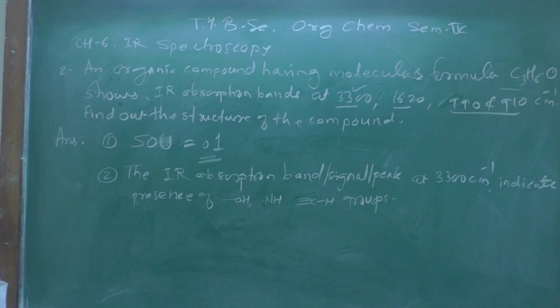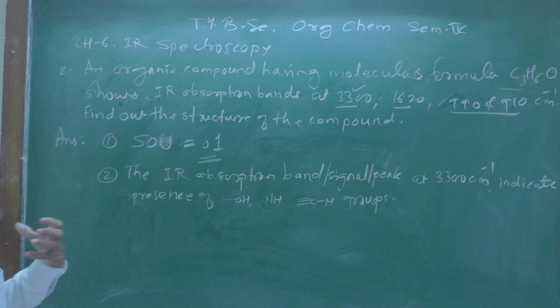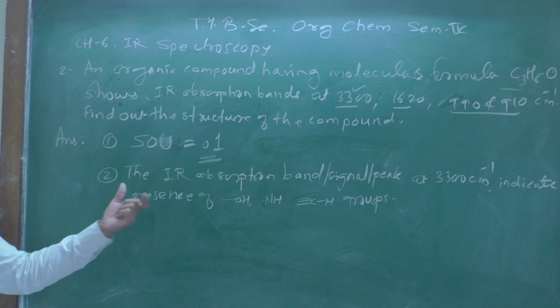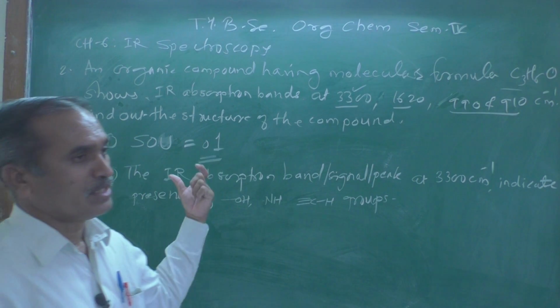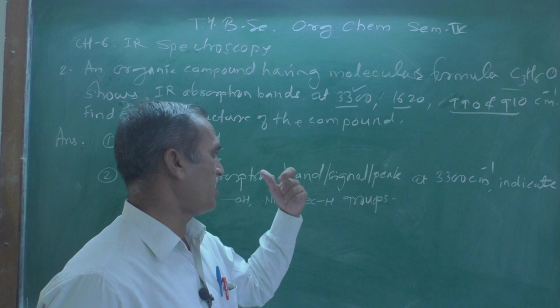The IR absorption band at 3300 per centimeter shows presence of these different groups: OH, NH, CH groups.